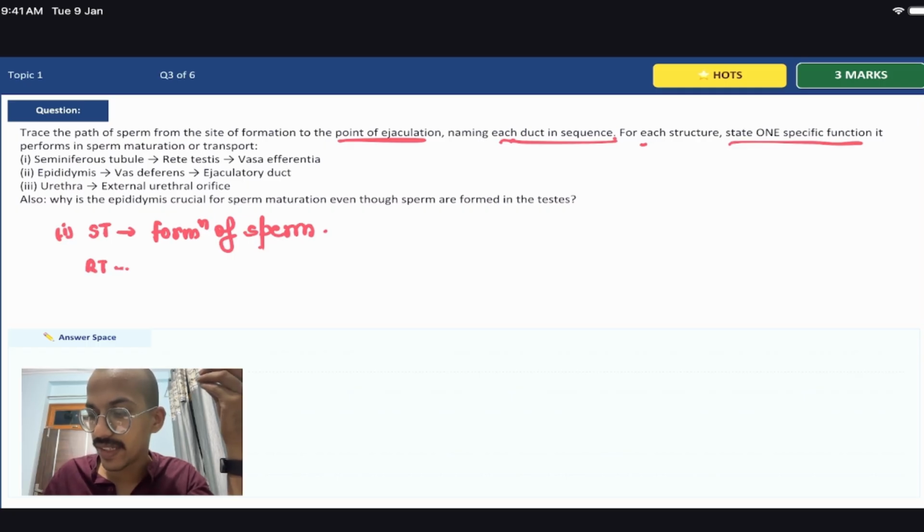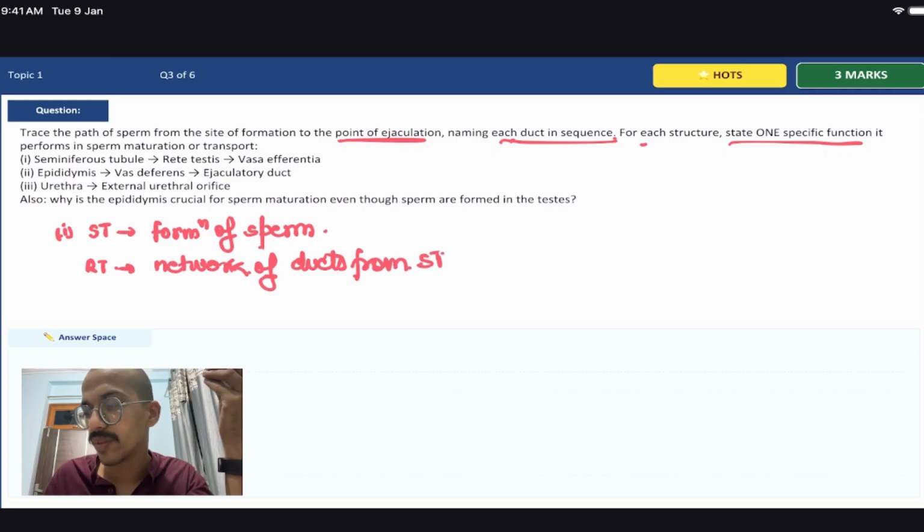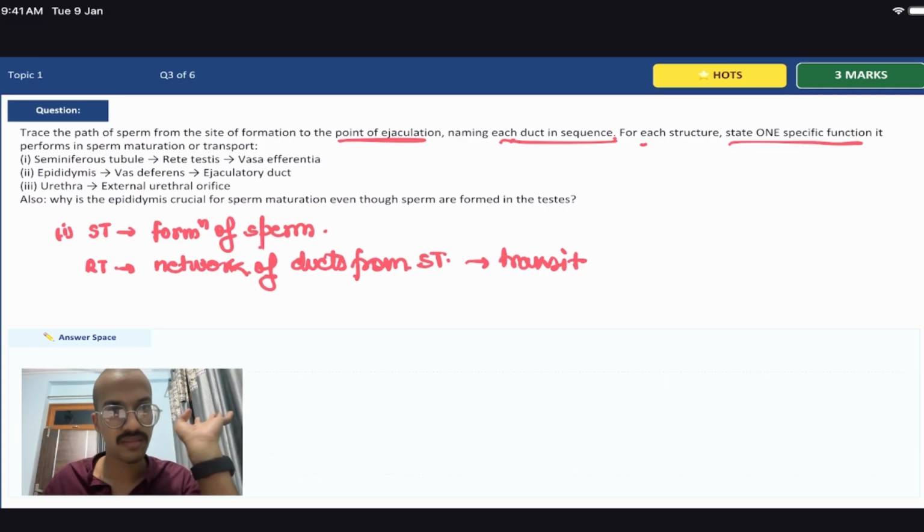Then the rete testis. This is the network of ducts from the seminiferous tubules. It transports the sperm from the seminiferous tubules to the vasa efferentia.